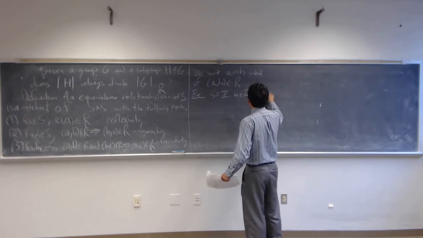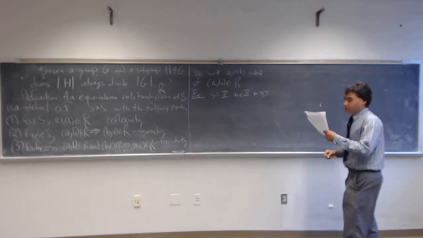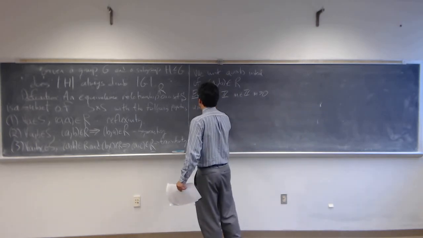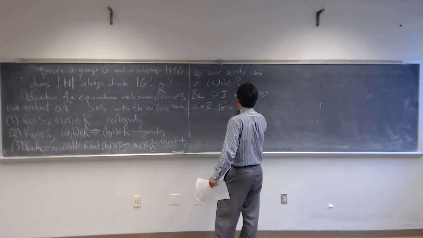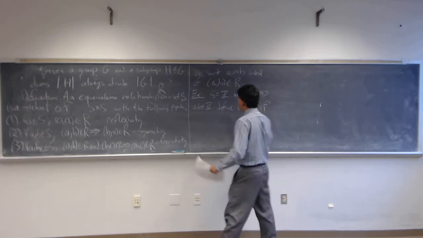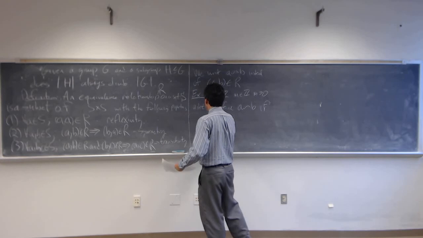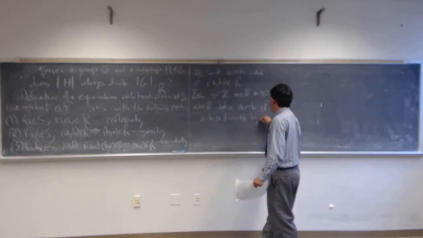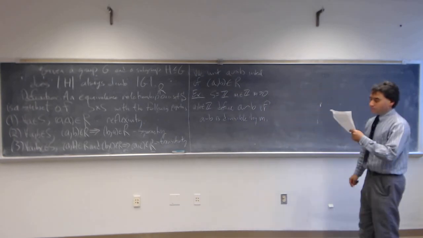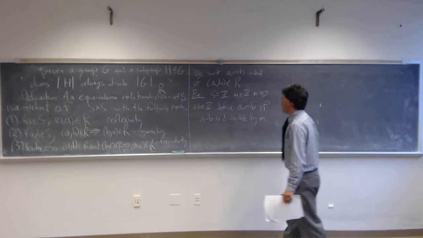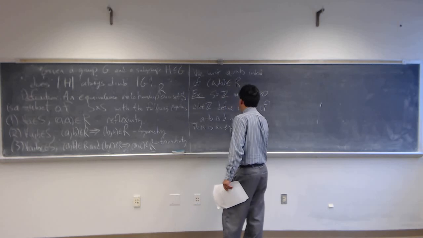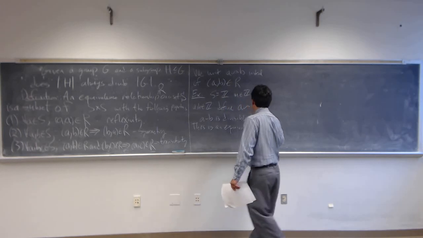M is a positive integer, and we define A is related to B if the difference A minus B is divisible by M. And this is an equivalence relation. And again, I've got this worked out in the notes in some detail.